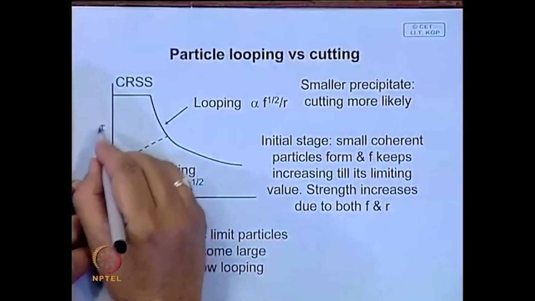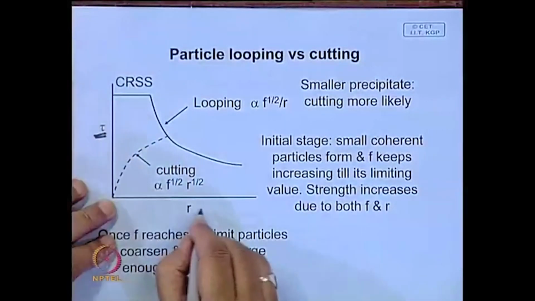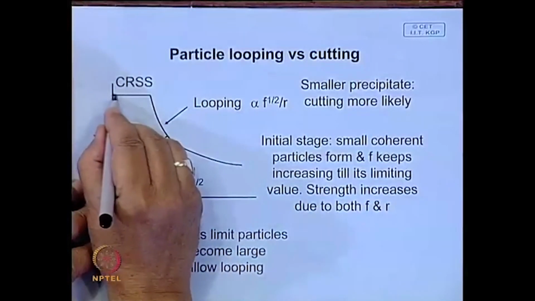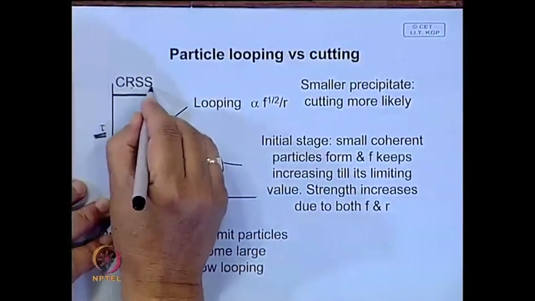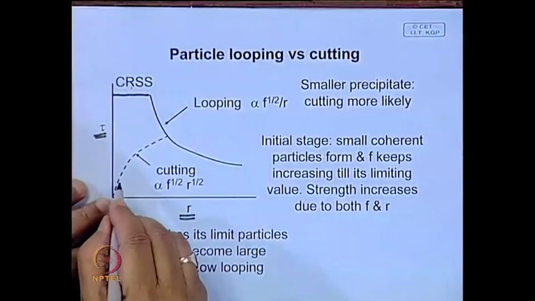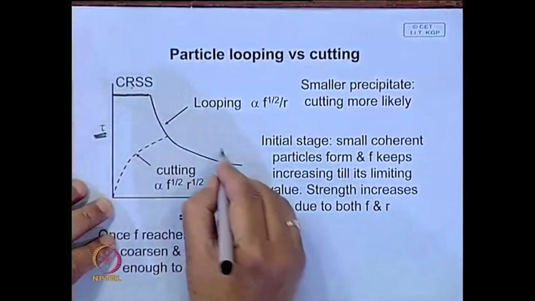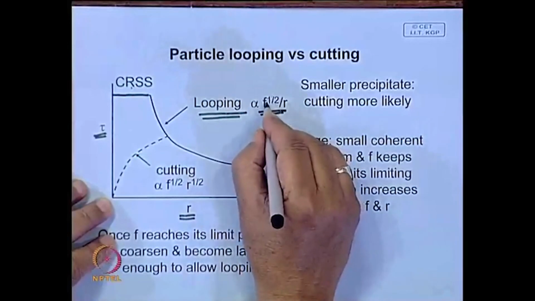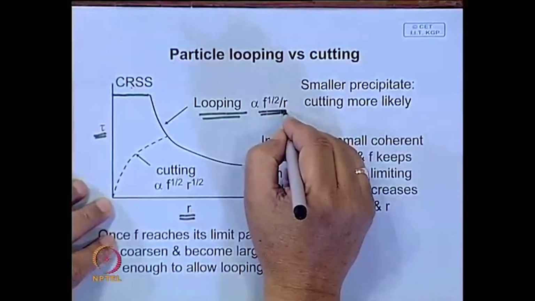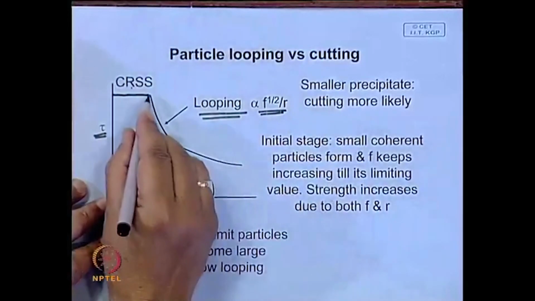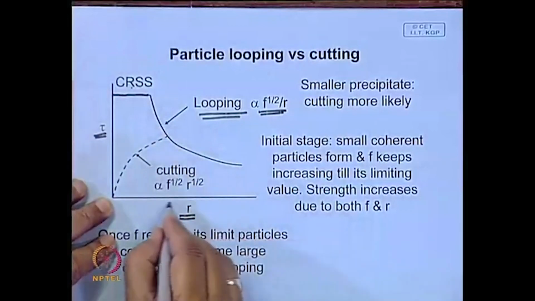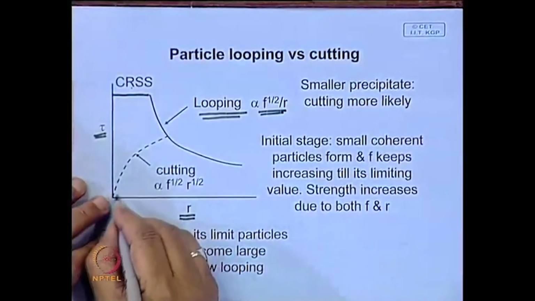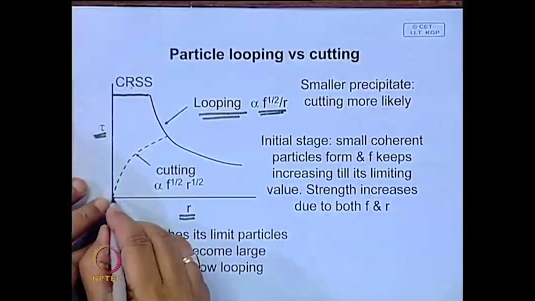This is a plot of the critical resolved shear stress against the particle size. This is the ideal strength of the crystal, so this is the limit that you can have. Here this line plots the looping stress, which is proportional to root f over r, so it is inversely proportional to r. Therefore, as r decreases, this goes up. When aging has just started, you do not have any precipitate.